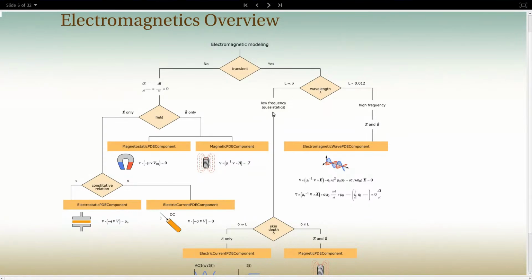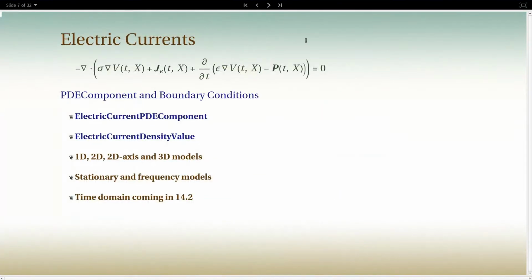If you're in a low frequency quasi-static case, you consider the skin depths and things like that. So all of that is explained in much detail in the electromagnetics overview. It helps you to find what equation you should use for your specific electromagnetics case. The new function that we've added is the electric current PDE component, and here is that PDE in all its glory.